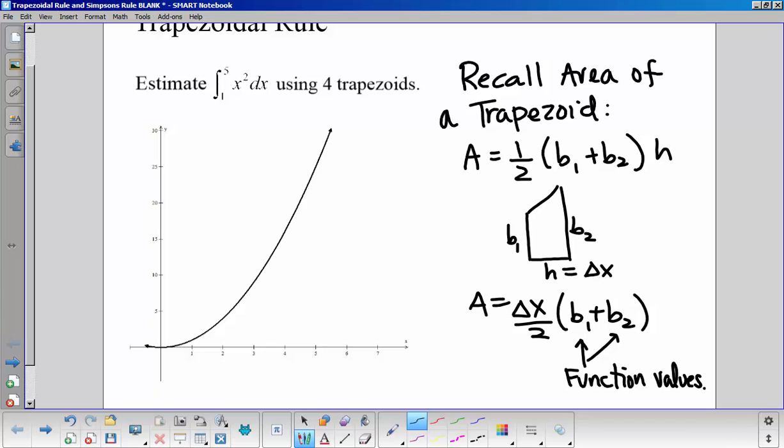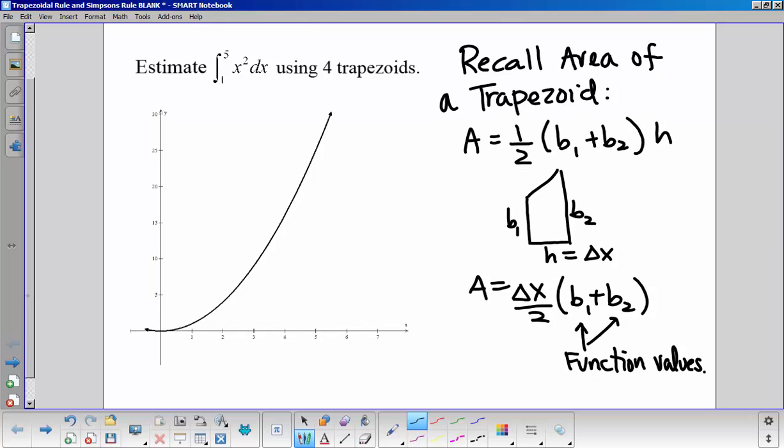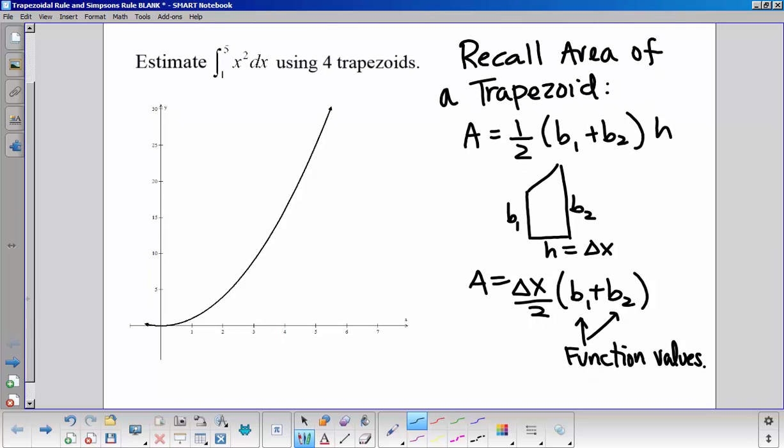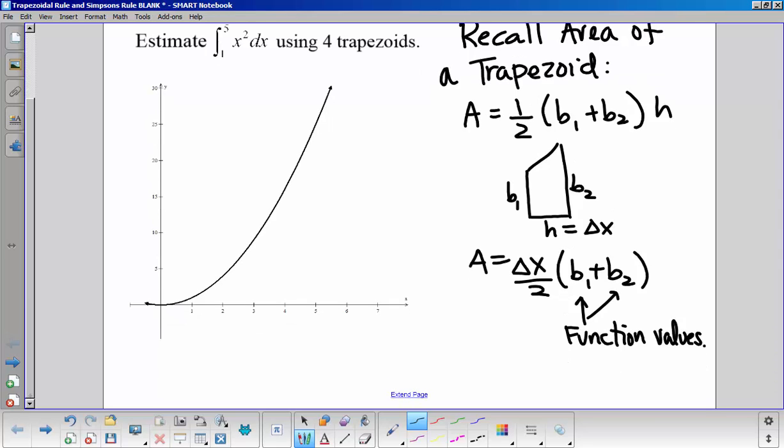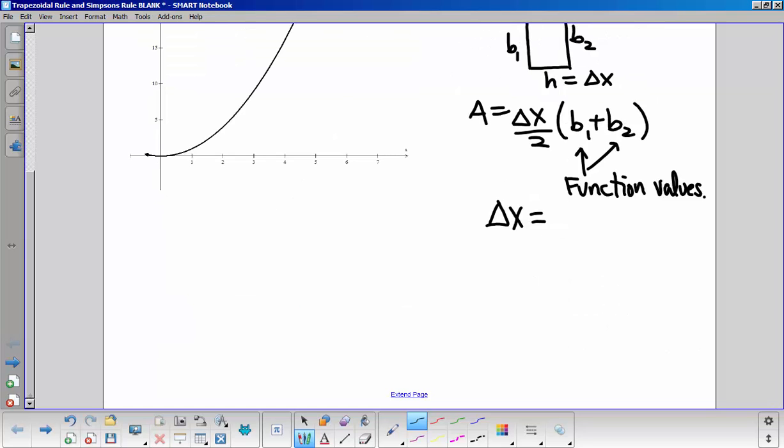So how do we figure out what delta x is if we're going to approximate the area under x squared from 1 to 5? We have a formula for delta x. It's equal to b minus a over n, the number of rectangles, but we're going to use it as the number of trapezoids.